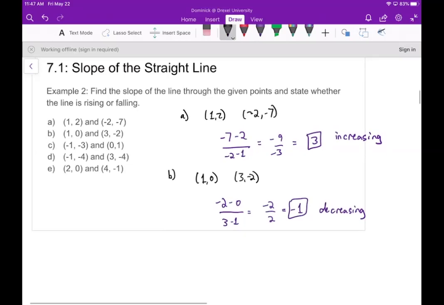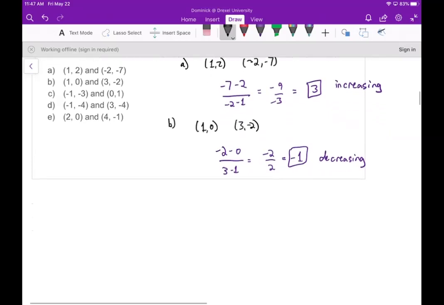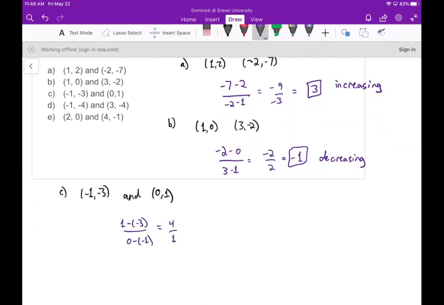Okay, part C, we have a -1, -3, and 0, 1. So if we plug this in, we're going to get a 1 minus a -3 over a 0 minus -1. So we're going to get 4 over 1, which is just 4. So again, we're increasing.